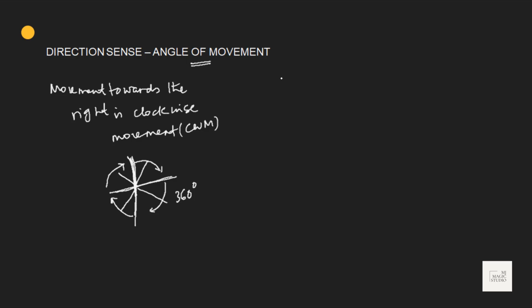And movement towards the left is anti-clockwise, ACWM, maybe like ACW. Moving towards the left, again reaching back, we would be covering 360 degrees.